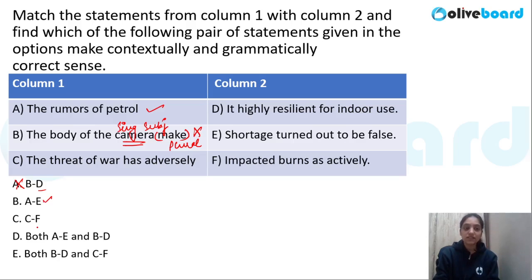Well, C says the threat of war has adversely and F says impacted burns as actively. CF does not form a meaningful sentence. So CF is also not a pair. This leaves us with option B as the correct answer. Hence, AE is a pair and option B is the correct answer.